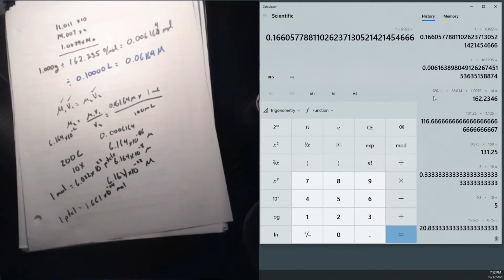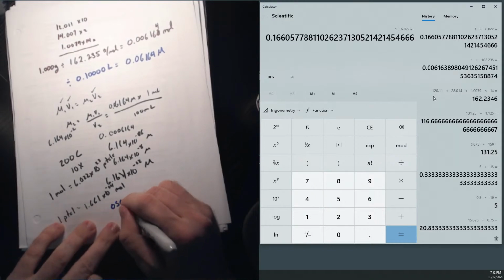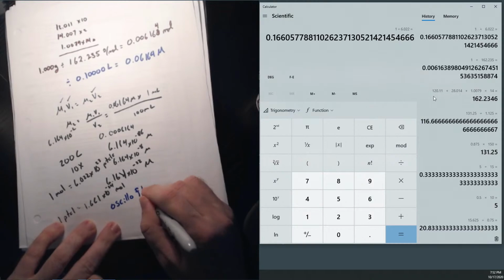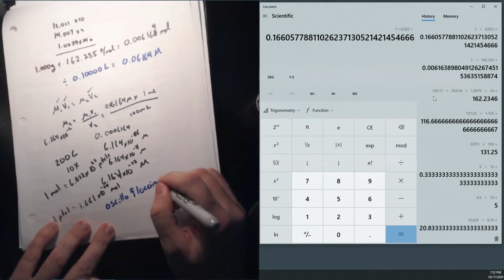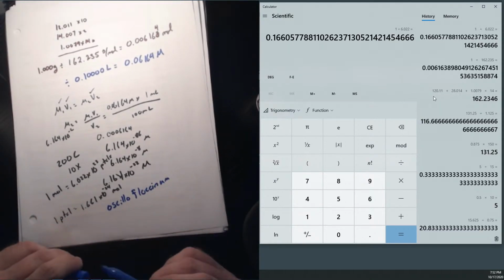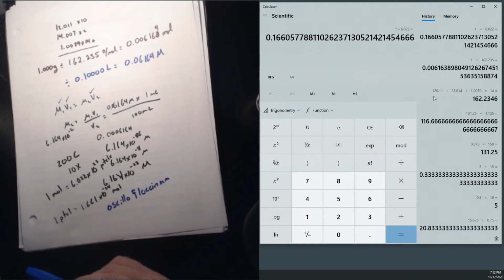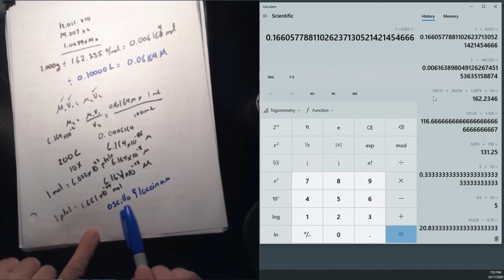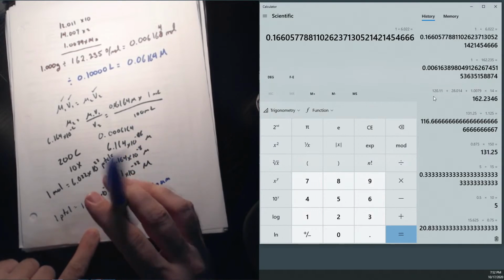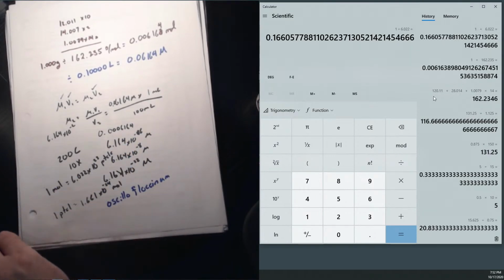Something that's really popular, has been for a really long time, is something called Oscillococcinum. This is sold as a flu remedy. It's a homeopathic medicine made from duck liver. You can actually see the homeopathy written in there. Remember, like I said, they think the shaking it is what makes it magic.